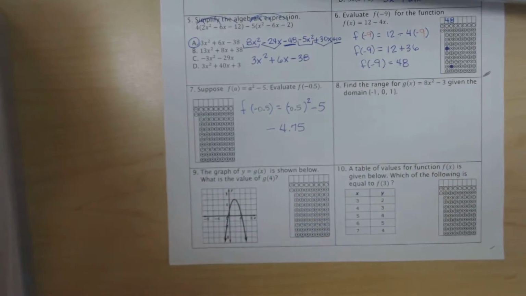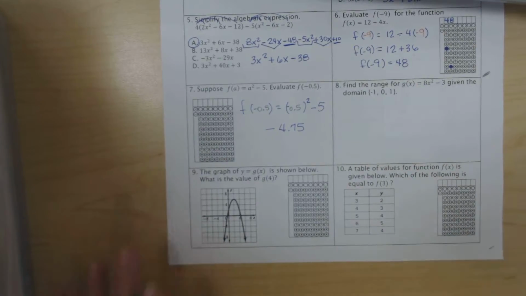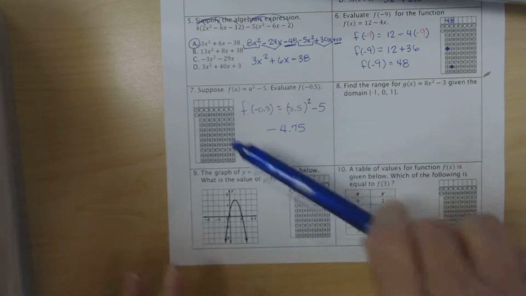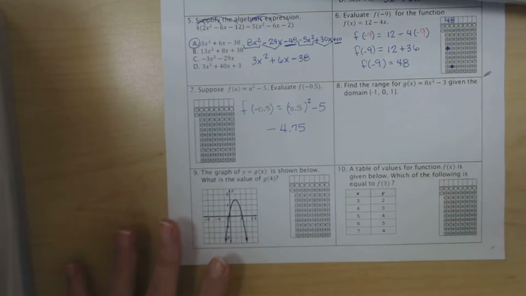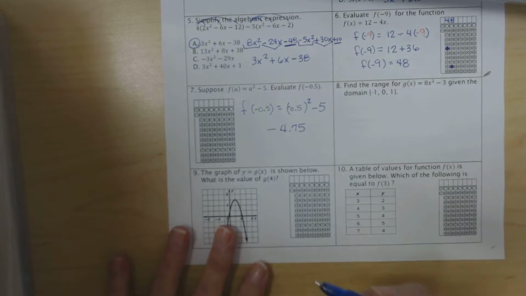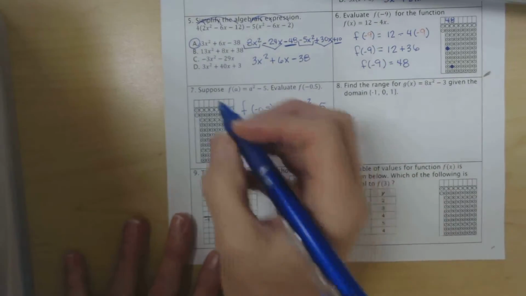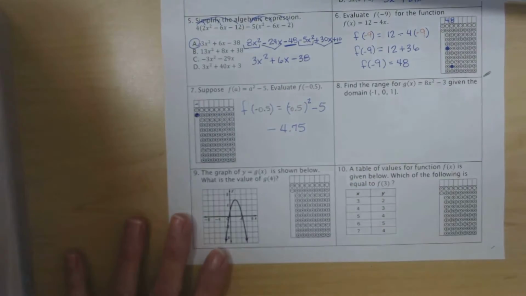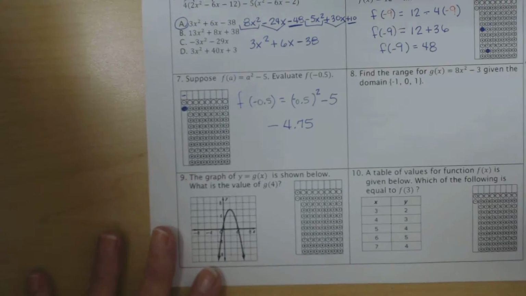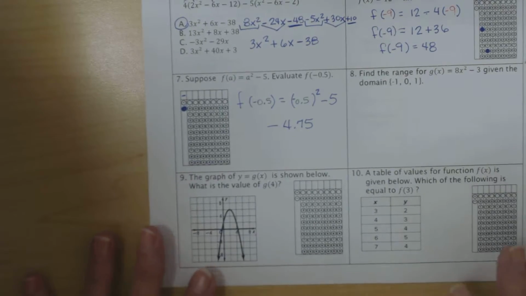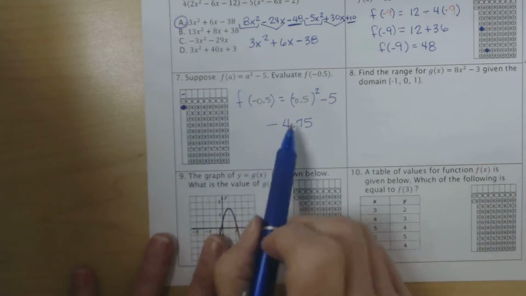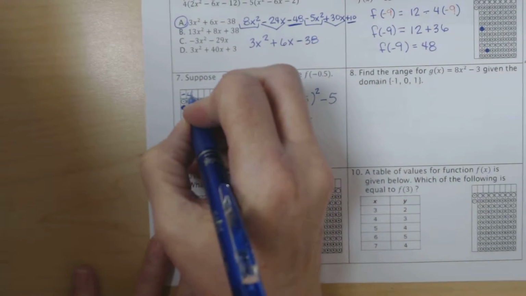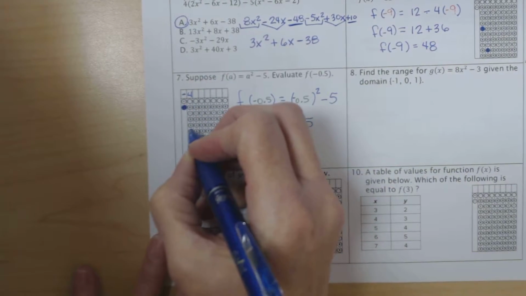So I get negative 4.75. Now I need to enter this into the griddable, or when I take the EOC test, even though I got the right answer here, if I don't put it in the griddable correctly, I will not get credit for it when I take the STAAR in May. Because it's negative, we need to have a negative there, and we color in the negative sign. Now, we have a 4, so we color in the 4.